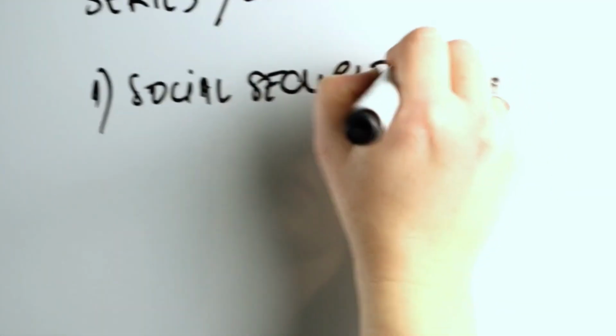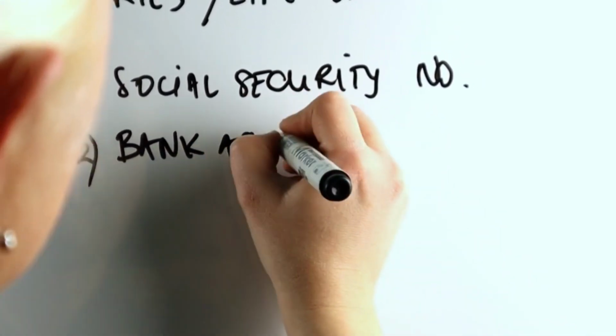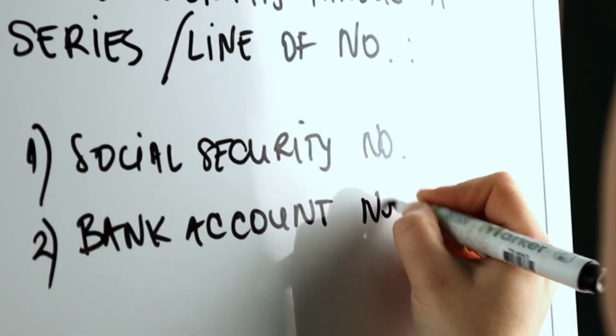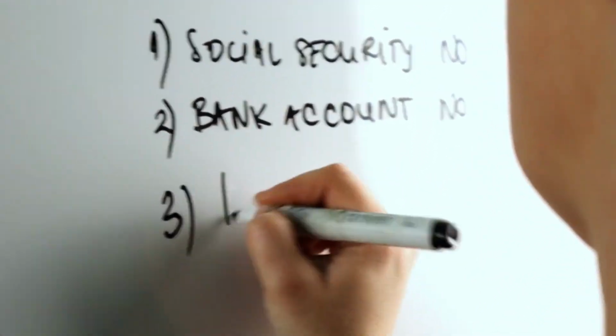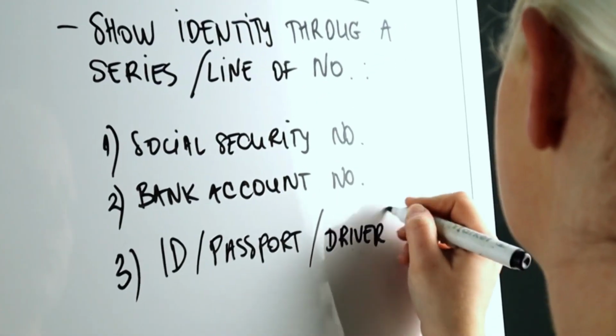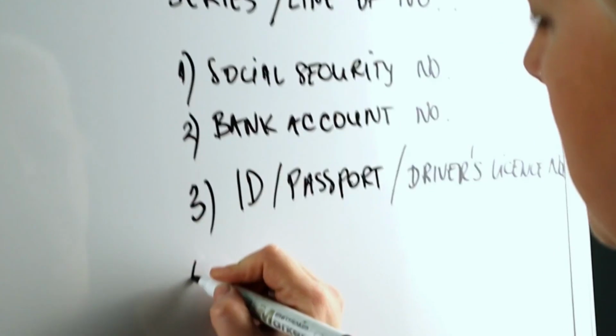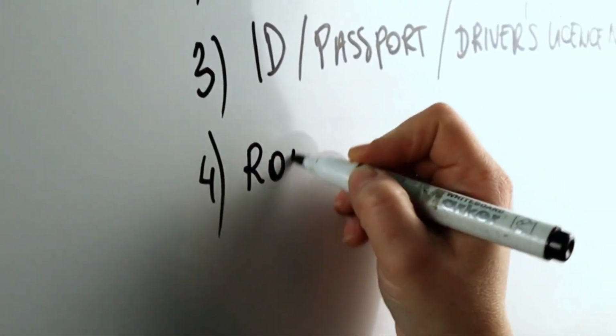So these numbers usually represent a string of numbers which show a certain kind of identity, and therefore vehicle numbers, route numbers, ID numbers, employee or student ID numbers, social security numbers, bank accounts, phone numbers.